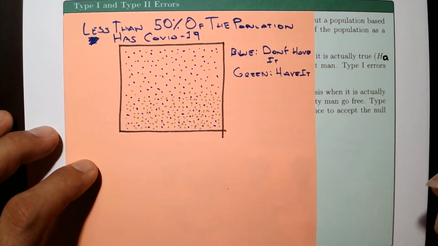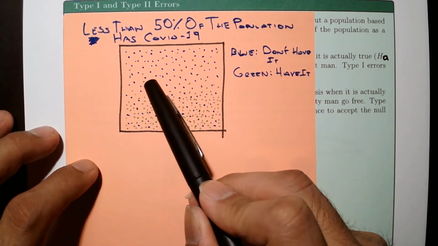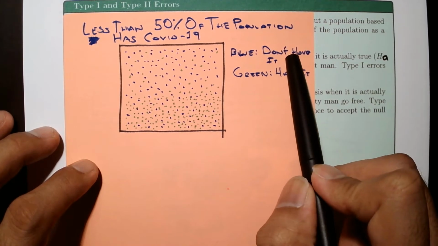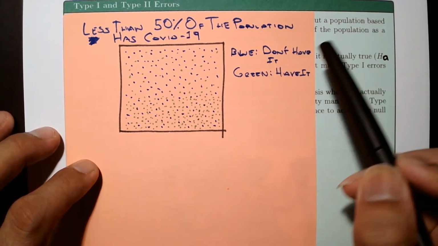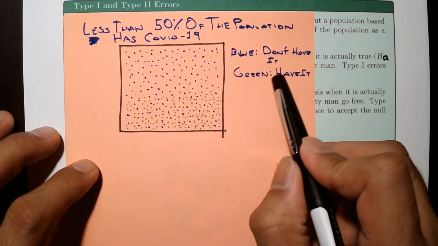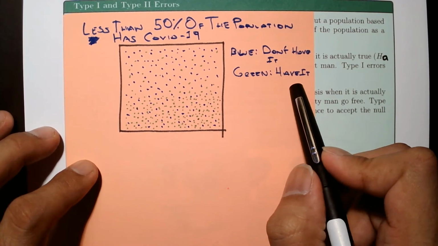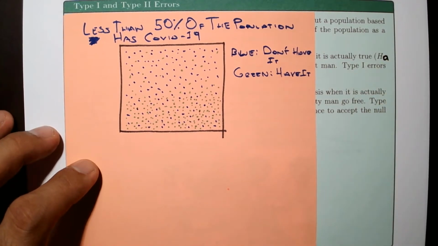Maybe the colors are a little hard to distinguish, but I have blue dots that represent the people who do not have the coronavirus, and a bunch of green dots that represent the people that have it. So your claim as a researcher is that less than 50% of the population has COVID-19.